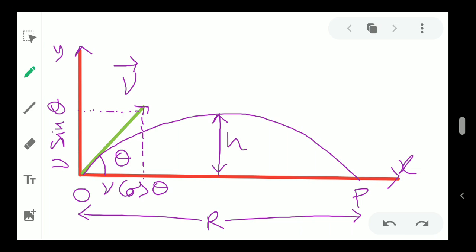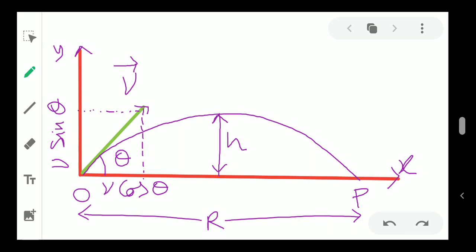Whenever the motion is in a two-dimensional frame of reference, you can say the motion is in a plane. Now we will use our old three equations of motion, because this two-dimensional motion I have now split into two one-dimensional motions.